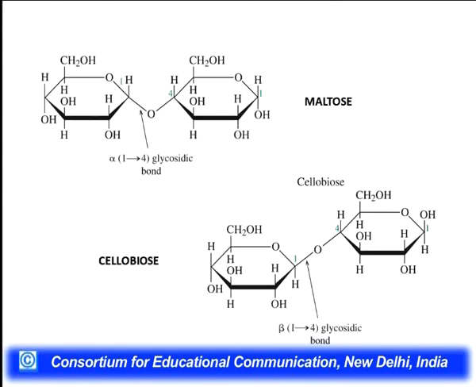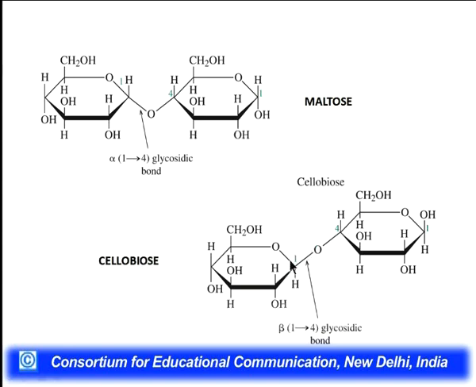So if I am talking of maltose, here the linkage is between alpha 1,4 glycosidic linkages, right? So the configuration around this carbon is going to be alpha. Whereas in cellobiose, the configuration around this carbon is going to be beta, right?